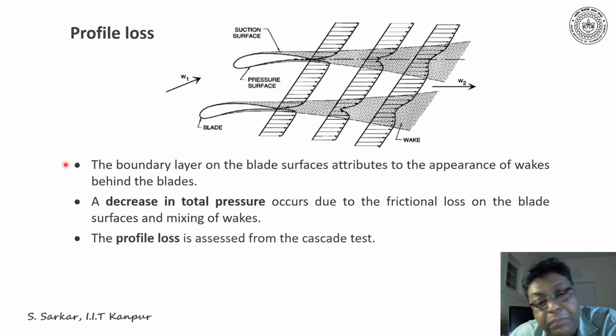Thus, the boundary layer on the blade surface attributes to the appearance of wake behind the blade, and because of formation of boundary layer on the surface and the formation of wake, what will be the resultant? That there will be a decrease in total pressure due to frictional loss on the blade and mixing of wakes. These profile losses can be appreciated from cascade tests.